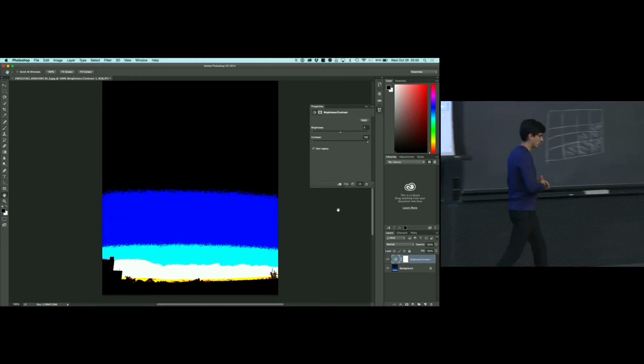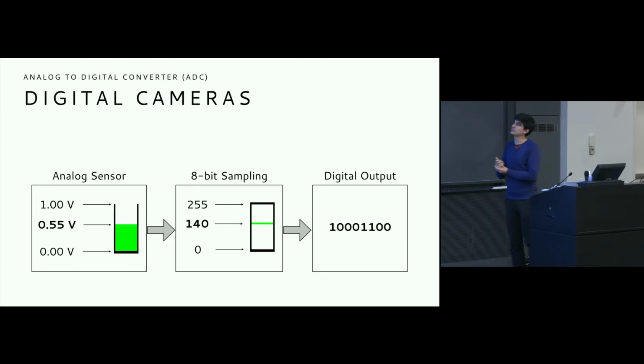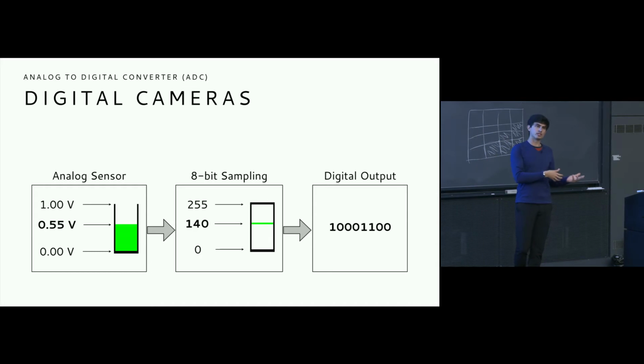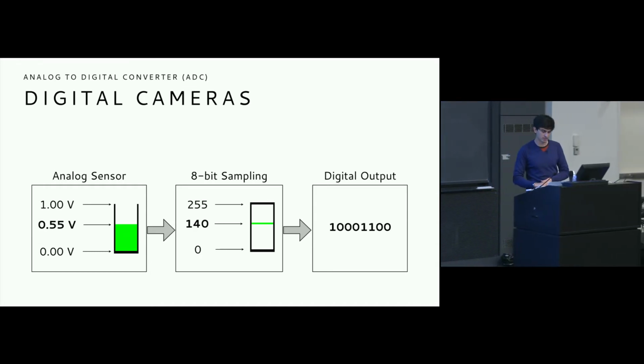And one of the other reasons why we're talking about posterization is that if we have an analog to digital converter, we have to have an appropriate amount of digital resolution to appropriately capture the voltage in that sensor.